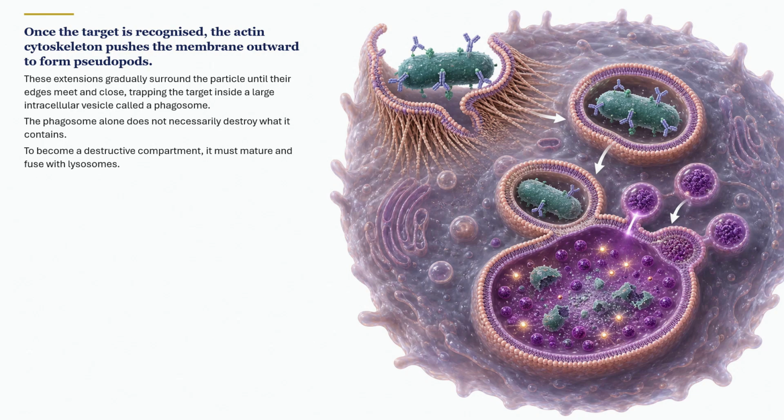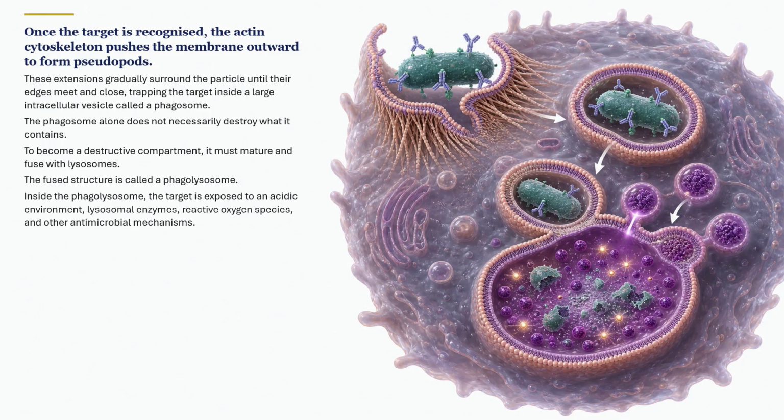The fused structure is called a phagolysosome. Inside the phagolysosome, the target is exposed to an acidic environment, lysosomal enzymes, reactive oxygen species, and other antimicrobial mechanisms. Recognition identifies the target. The membrane encloses it, and the phagolysosome performs the killing and digestion.